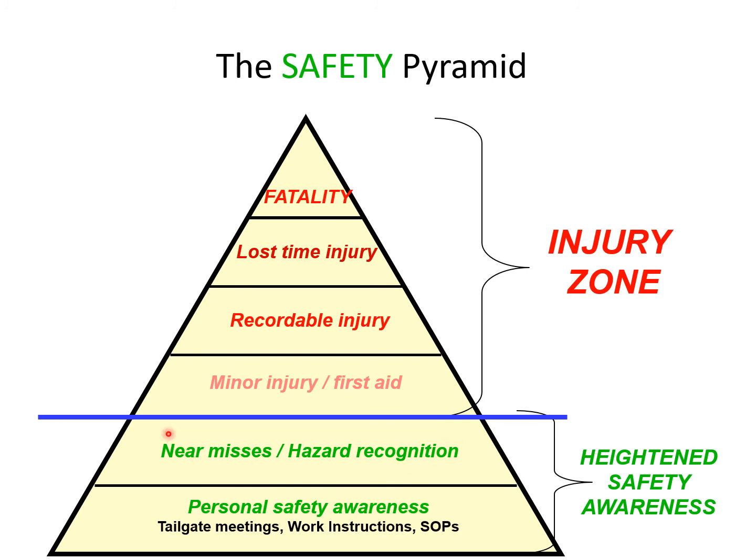This is really very important. If we can recognize the hazard, then we can deal with it according to the precautions or the SOPs for that particular hazard. The third step is minor injury or first aid. This is if something minor happens.